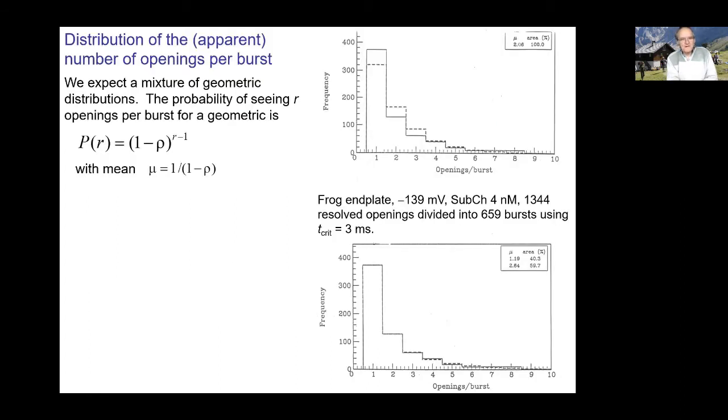You can also fit the distribution of the apparent number of openings per burst. Of course, this is going to be greatly influenced by missed short shuttings, but it's a thing that one does sometimes. In the early days, we plotted them like this. This is the number of apparent openings in a burst. And the dashed line there is a fit of a single geometric distribution. You can see it doesn't fit very well.